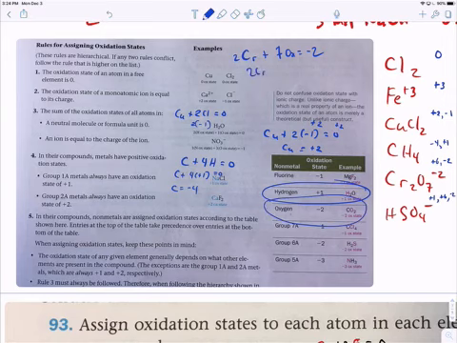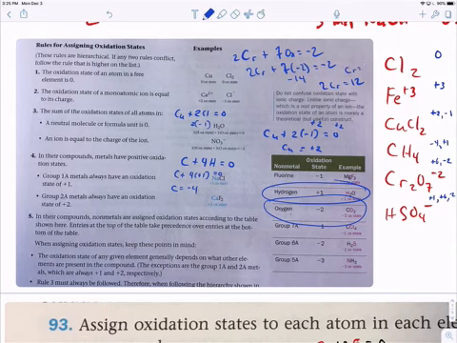So 2Cl plus 7 times minus 2 is minus 2. So 7 times minus 2 is minus 14. So you add 14 to both sides. So 14 minus 2 is 12. So 2Cl is 12. Cl is 6.